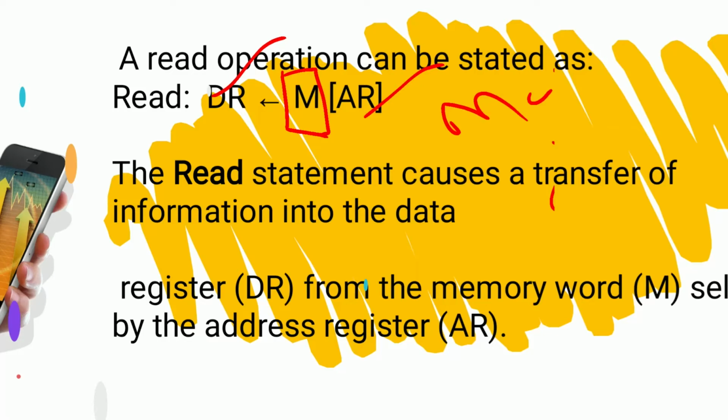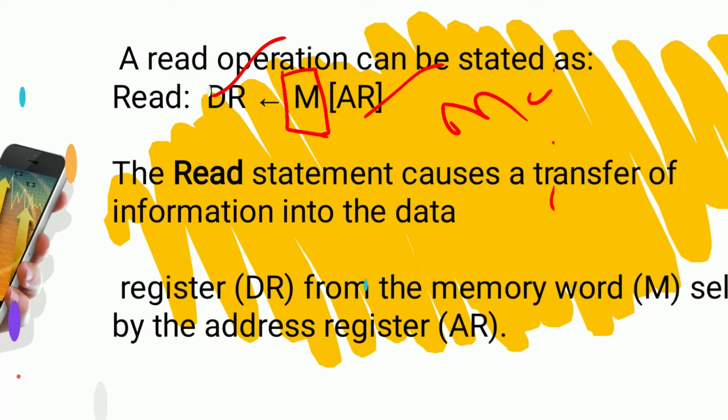Among those addresses, one particular location has one particular address, that is AR, the address register. At this address, some particular data is there, and you want to access it. What do you want to do? You want to read that. So what is going on here? Just the data going from memory to the data register. Memory to data register is called a read operation.